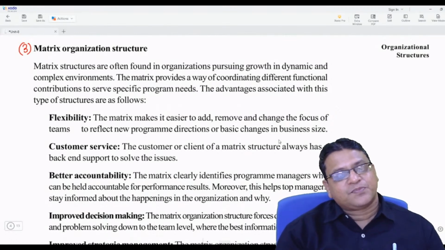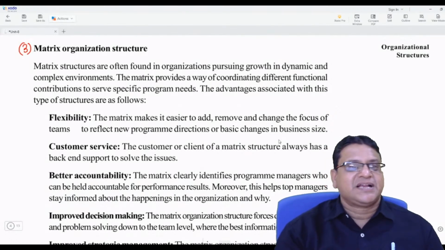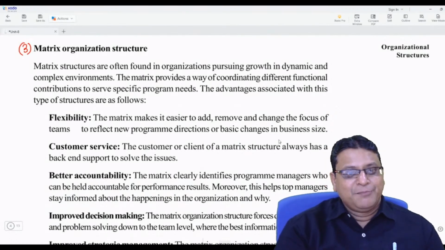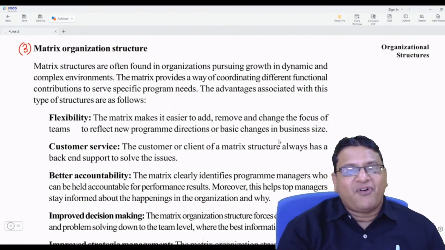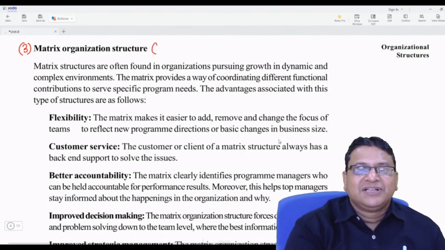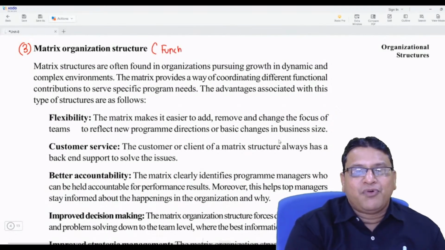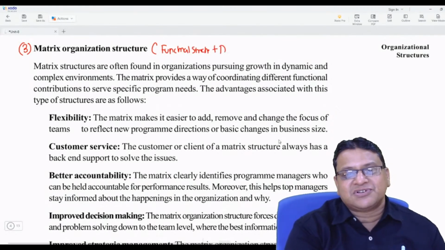Similarly, divisional organizational structure has certain merits and demerits. Matrix organizational structure is a combination of both functional structure plus divisional structure.